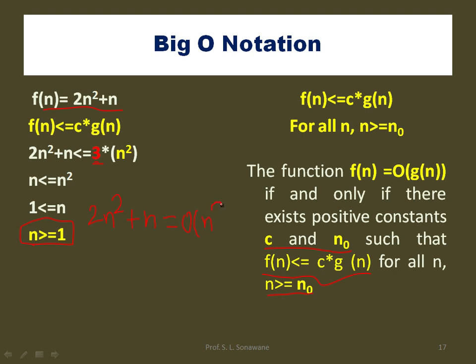So therefore we can write big O of n square. So this will be the output. So this can be the function or this can be the term. In that case we can write it in big O notation.